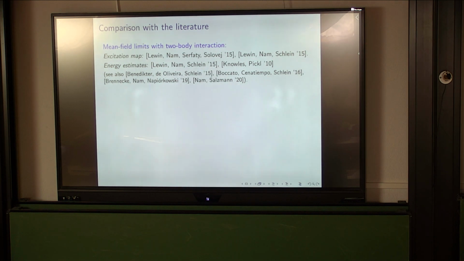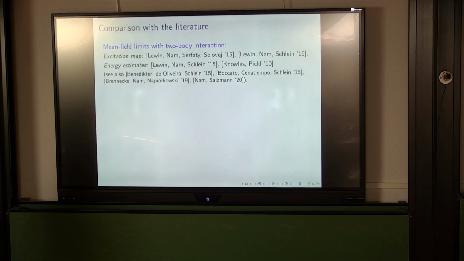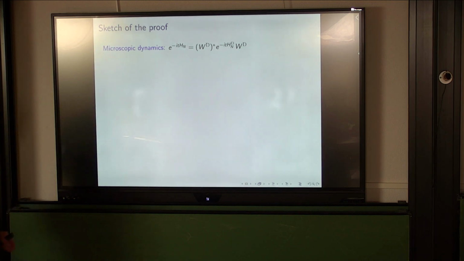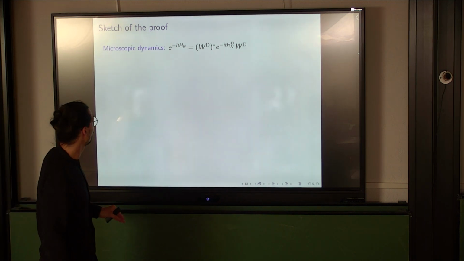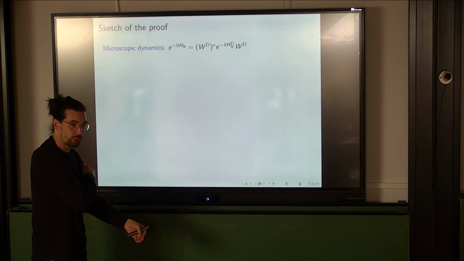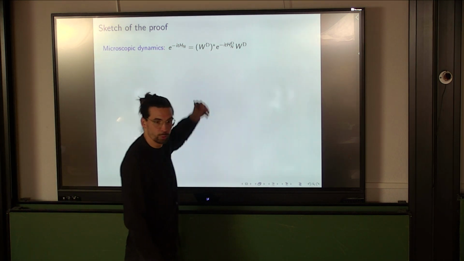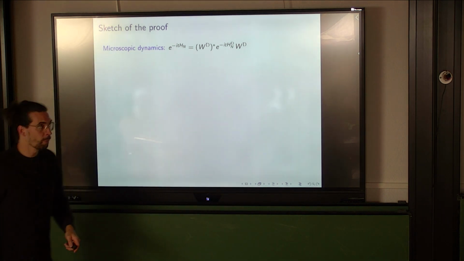Yeah. So now I would like to give a sketch of the proof. And a central point to keep in mind is that this representation of the renormalized Nelson Hamiltonian, which I introduced on the second slide, can be used to write the time evolution in the following way.